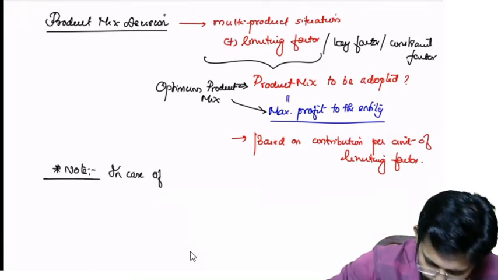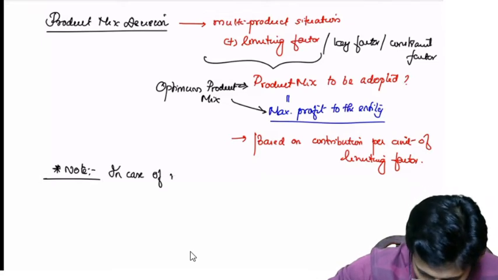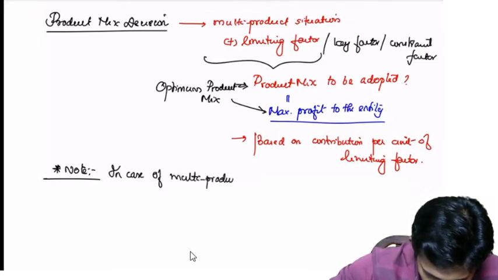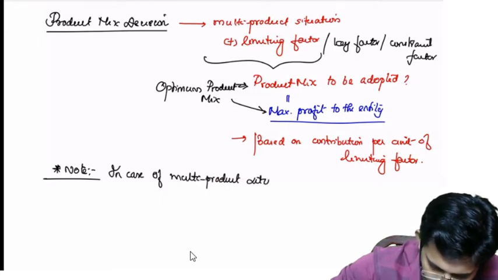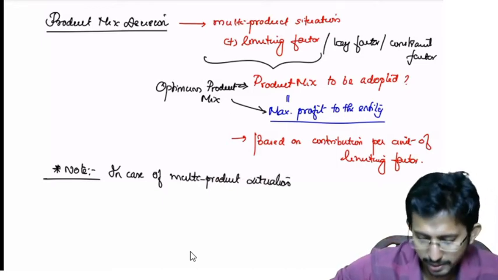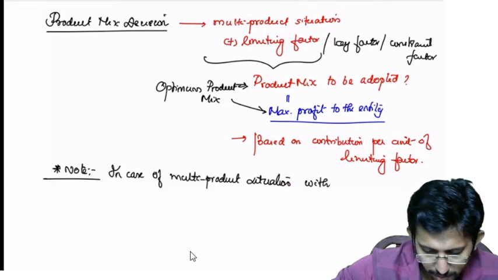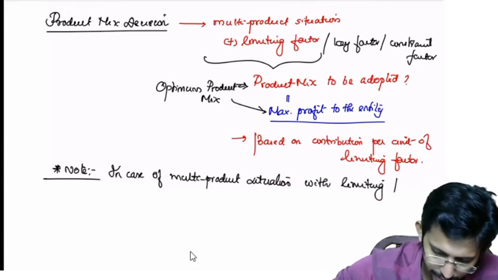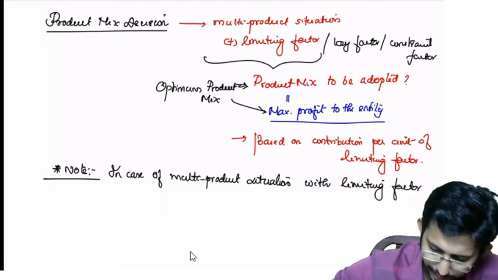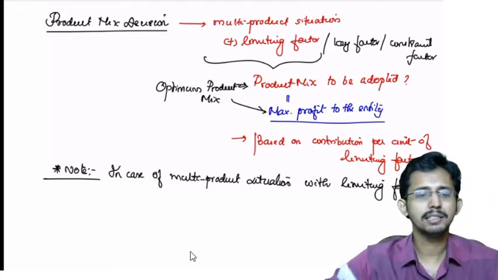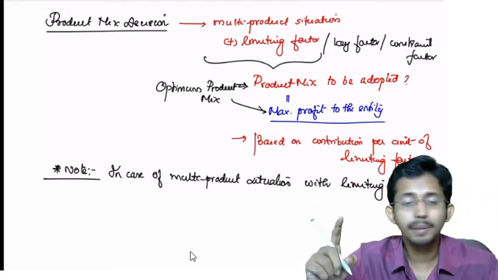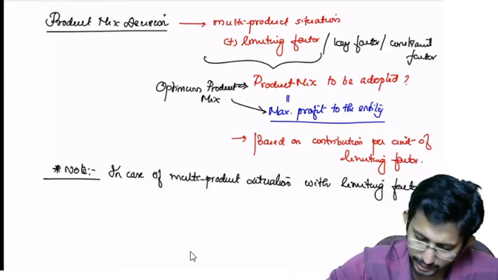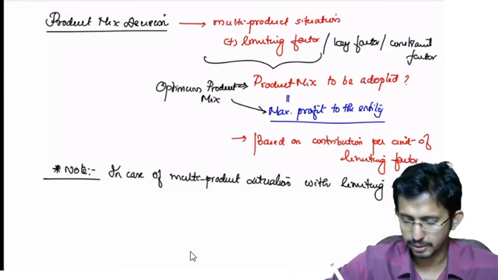In case of multi-product situations with limiting factor. So there are 2 criteria. One is it should be a multi-product situation. Then second, there should be a limiting factor. Multi-product situation with a limiting factor.